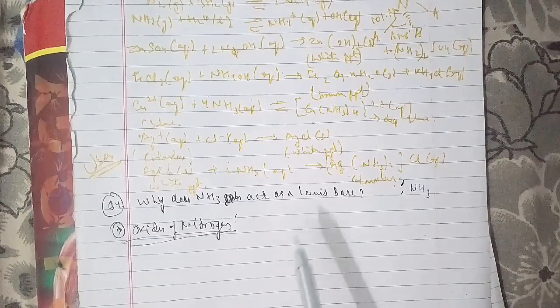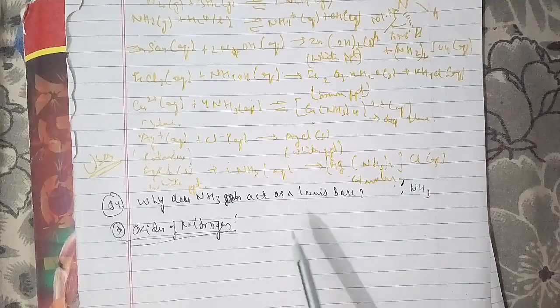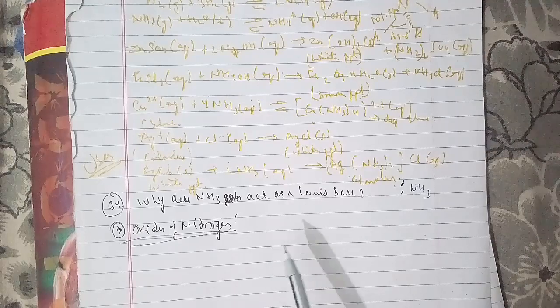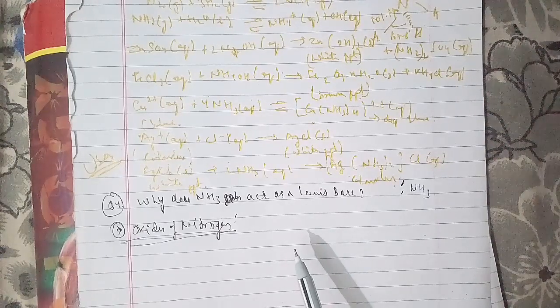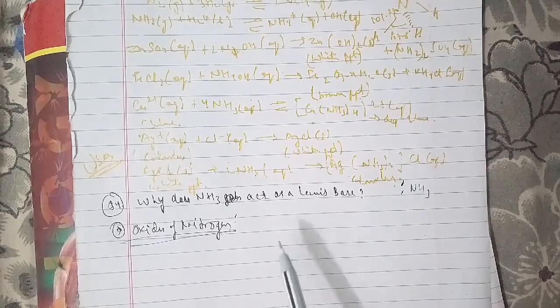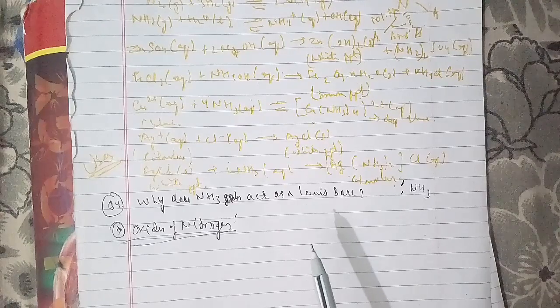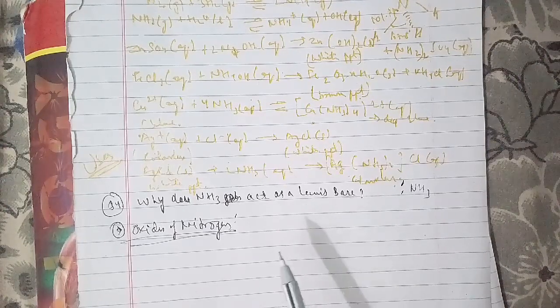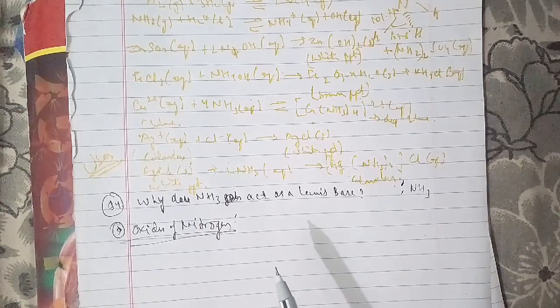The common method of preparation is NH4NO3 in the presence of heat, giving N2O plus 2H2O. The physical appearance and chemical nature: colorless gas, neutral. This is for nitrogen 1 oxide.